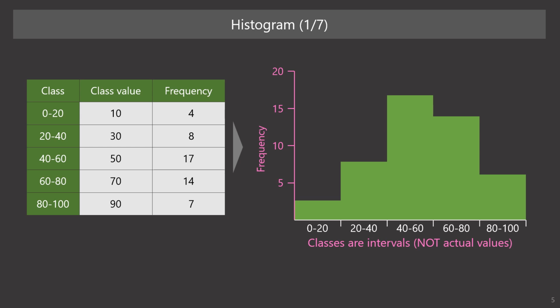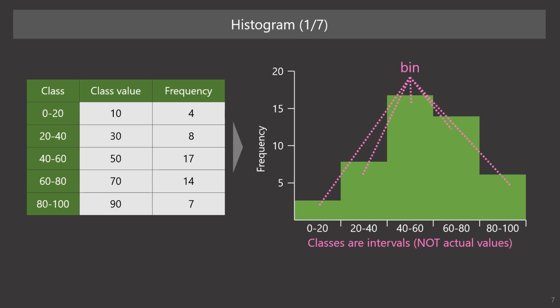Here, we set the class widths to the same as those of the previous frequency table. For example, this bar represents the frequency of students whose score is greater than or equal to 40, but less than 60. By looking at this histogram, we can easily see that many of the students scored between 40 and 60.